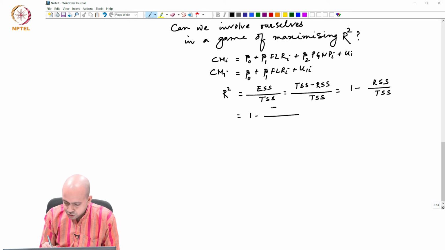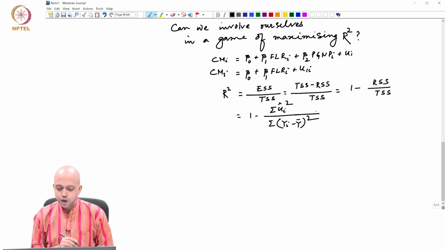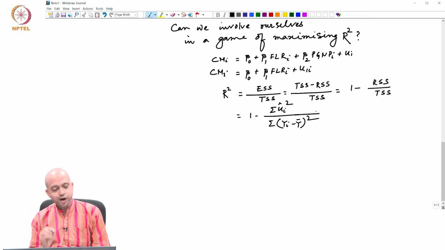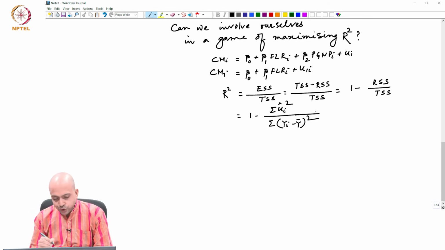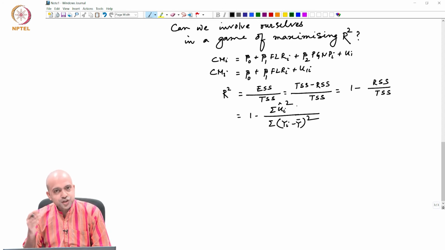RSS, as we know, is summation UI hat square, divided by TSS, which is summation Yi minus y bar whole square. This is basically our R square. Now, when we add one extra variable in the model, what will happen to our UI hat square or RSS? The residual sum of squares will definitely decrease, or at least it will not increase.